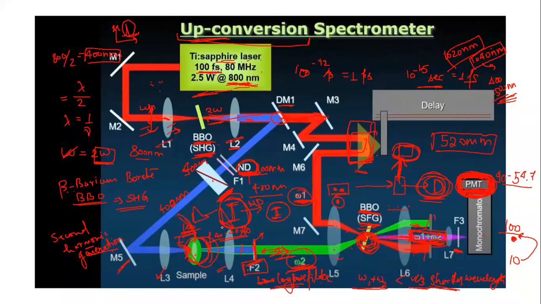This sample can be a solid or a liquid. In the case of a solid sample, this light is quite intense and we do not want it focused on a single spot, because if you focus the laser on a single spot, your sample will be destroyed because the laser has quite high intensity.